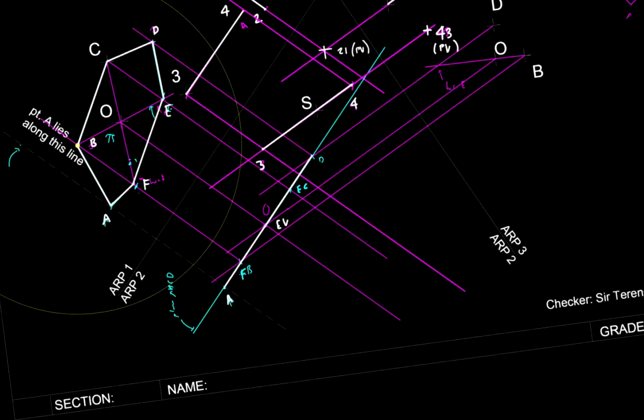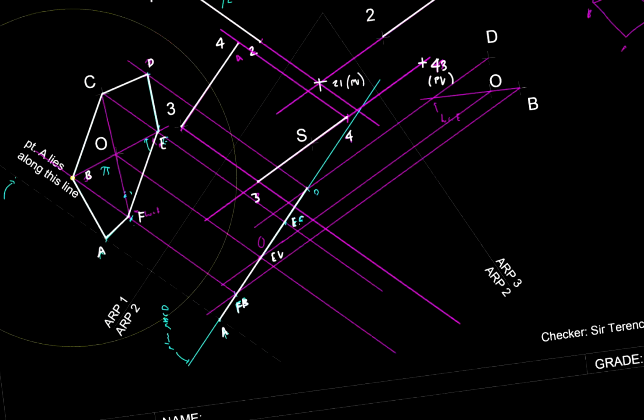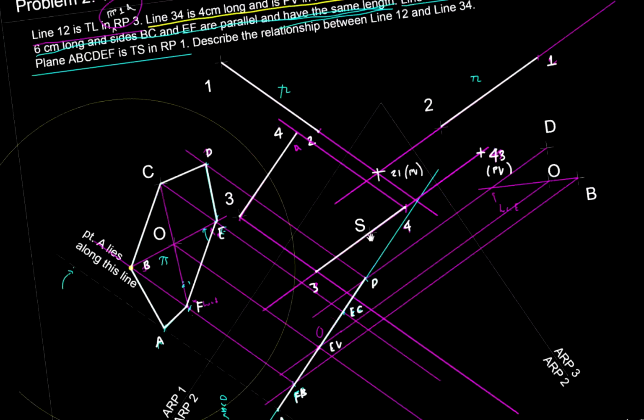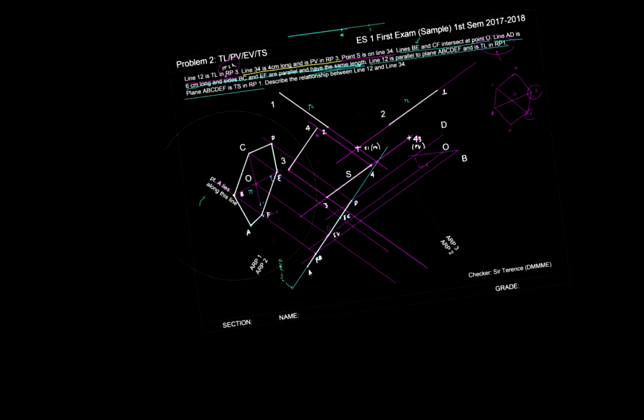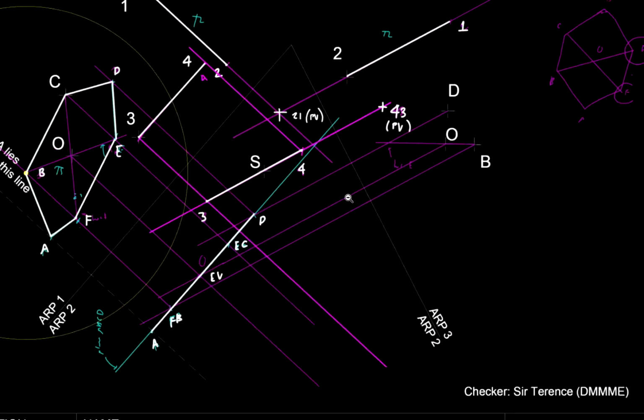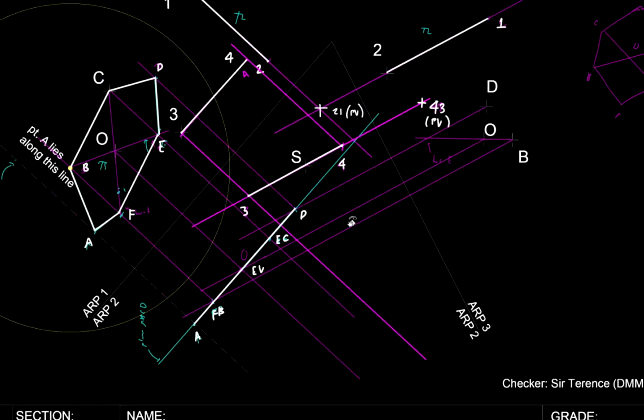We have A. This is location point F, P, E, and C, and D. Okay? And para lang mas malinaw, class, no? I-lower ko lang opacity ng construction lines. Okay? Okay. So, nasa na tayo?